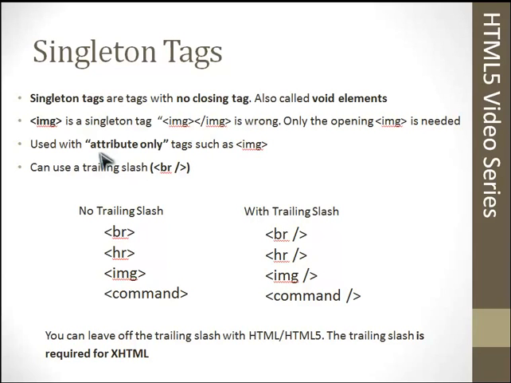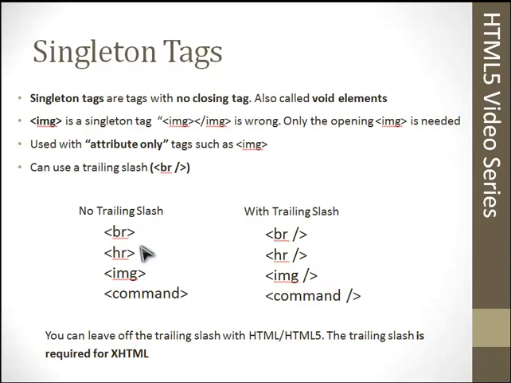And this is usually used, or always used, with attribute-only tags such as image. They can use a trailing slash in HTML. If you're writing XHTML, then the trailing slash is required for it to be valid. But in HTML, HTML5, you do not need it. It's usually not used, but it doesn't hurt your document if you do use it.